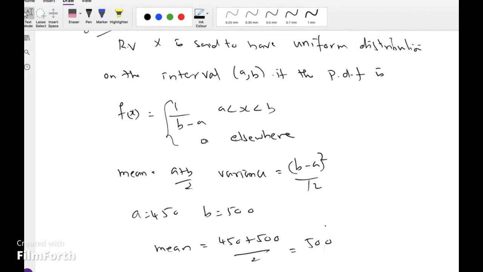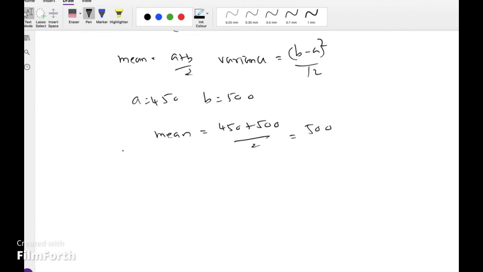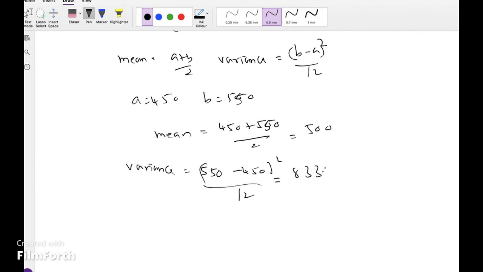And the variance is b minus a, that is 550 minus 450, the whole squared by 12, which is equal to 833.33. Using the calculator, we can find mu is equal to 500 and sigma squared is equal to 833.33. So sigma equals the square root of this one.